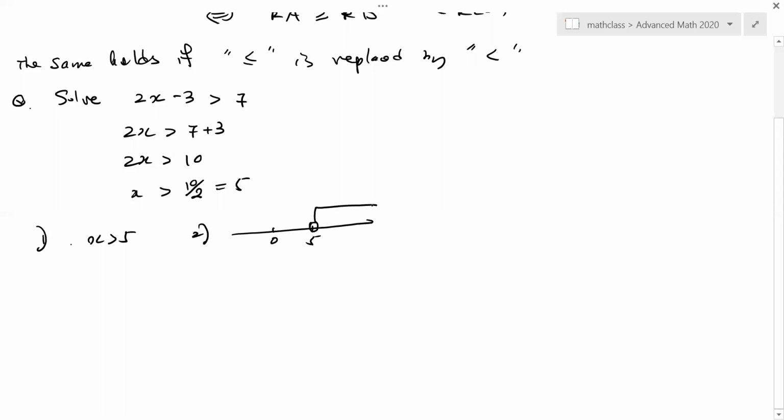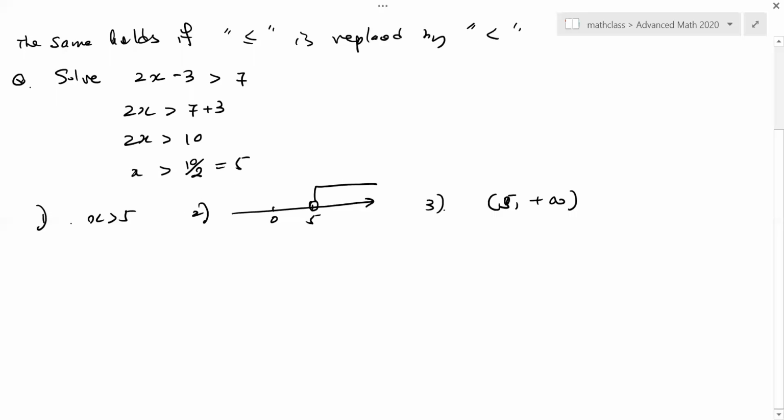This is called a coordinate line notation. The third notation is the interval notation, the interval from 5 to positive infinity. So there are 3 different forms to answer your question.